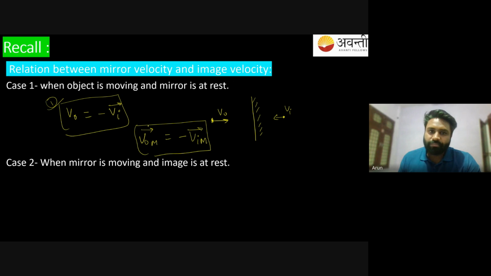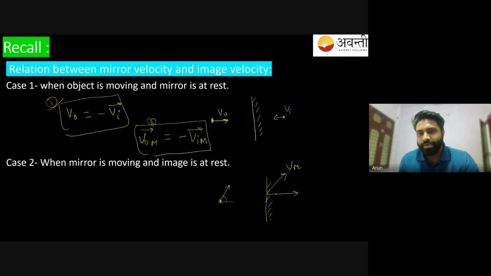And if the mirror is moving, then this case would follow as the next one. The object is moving in a certain direction, and the mirror is also moving in a certain direction. So this is the velocity of the mirror.